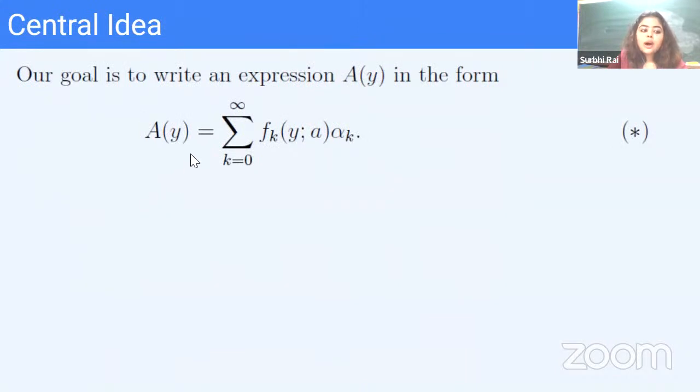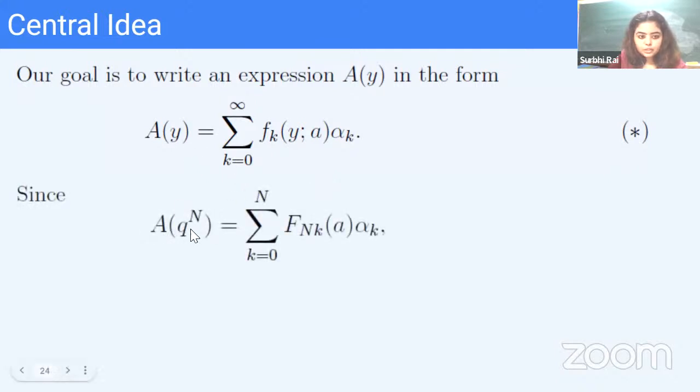Our goal is to write an expression A(y) in this form. So we want to express A(y) as an infinite summation with this function f_k in terms of alpha_k. If we replace y with q raised to N, then as we saw before, the function f_k(y, a) reduces to the matrix entry f_{nk}(a).